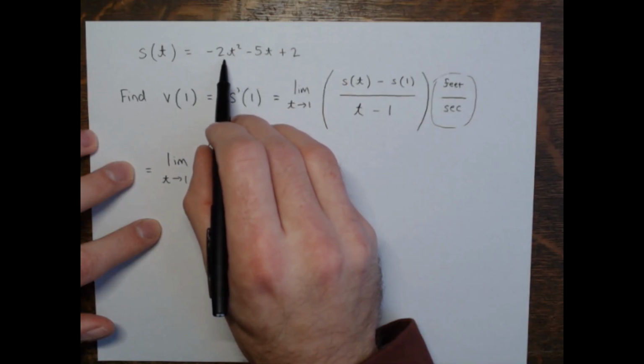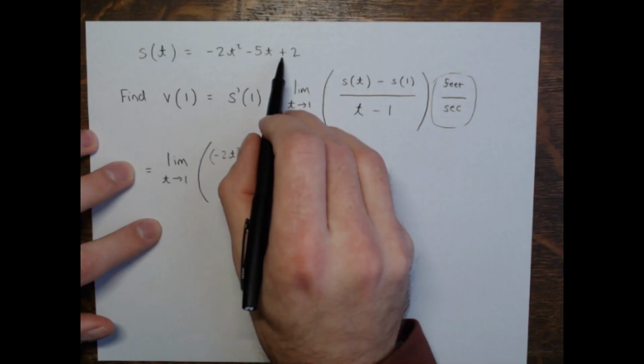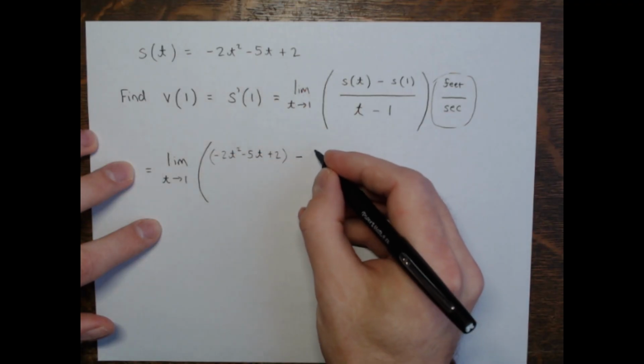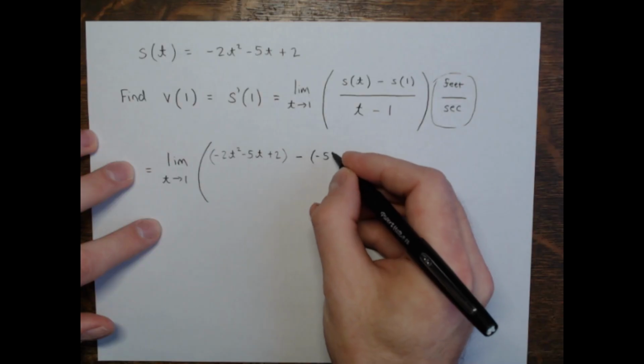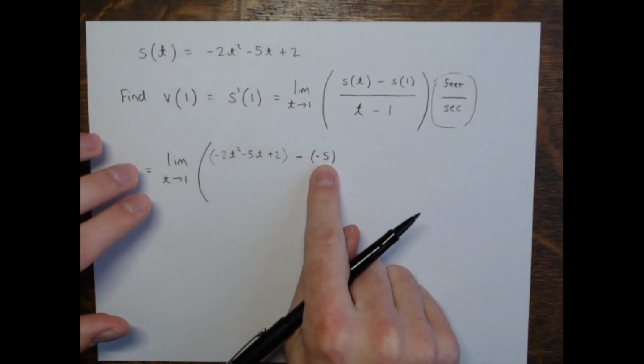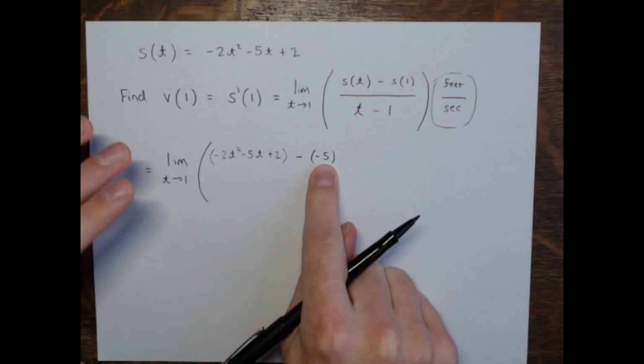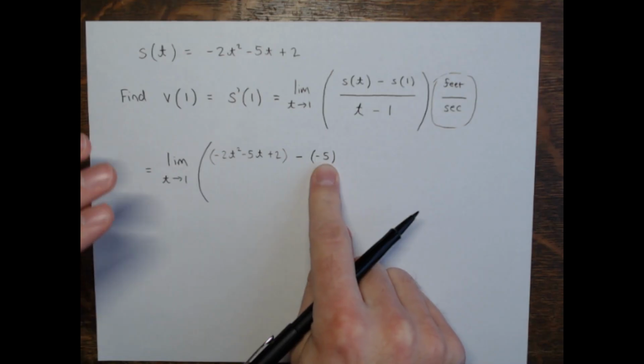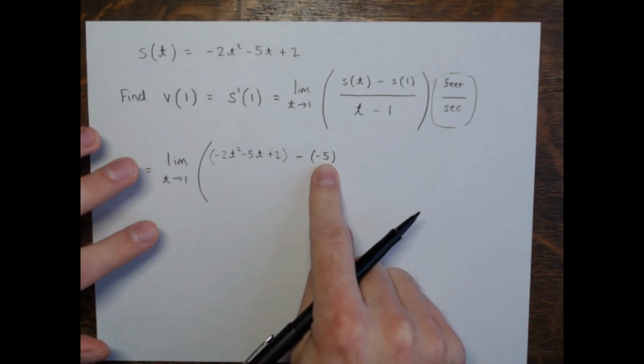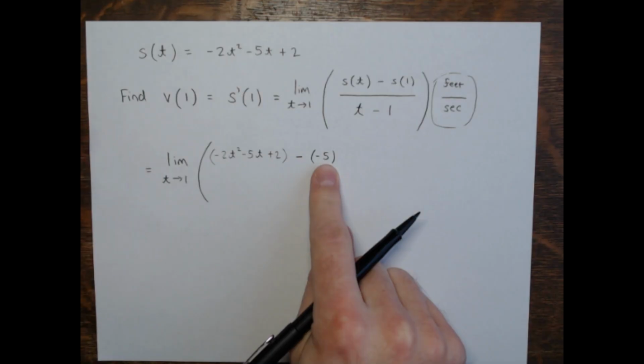This would be negative 2 minus 5, which would be negative 7. Plus 2 is negative 5. All right, so negative 5 feet. That just means I'm 5 feet in the negative direction away from my starting position, or away from the 0 mark, whatever the 0 feet mark is.